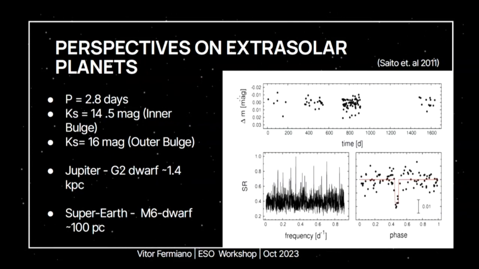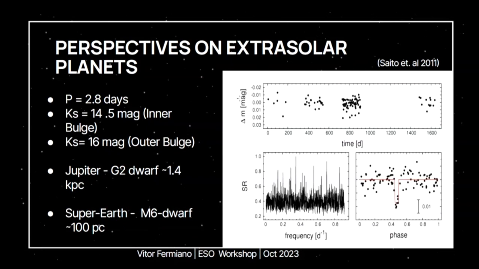Here's the first one. He used a 2.8 day period and two options of stars: one with 14.5 magnitudes in the inner bulge, and the other with 16 magnitudes in the outer bulge. So in the outer bulge, we can have a much fainter source.